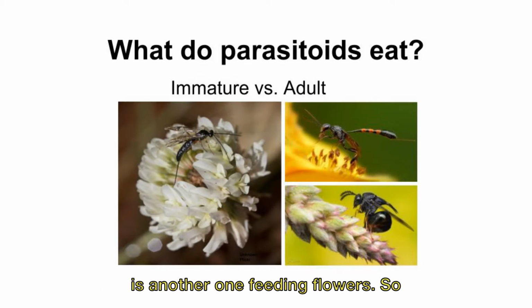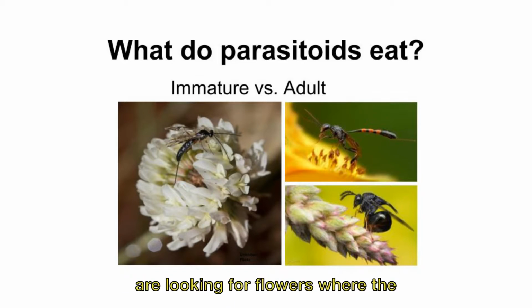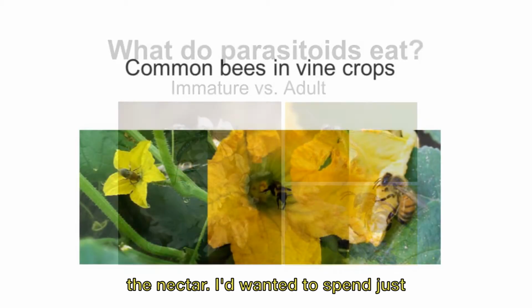Here is another one feeding on flowers. So that's what they're looking for, diversity of flowers. And because they don't have those long mouth parts that butterfly adults have, they typically are looking for flowers where the nectar is pretty readily available at the surface of the flower. They can't really reach deep into the flower corollas to reach the nectar.